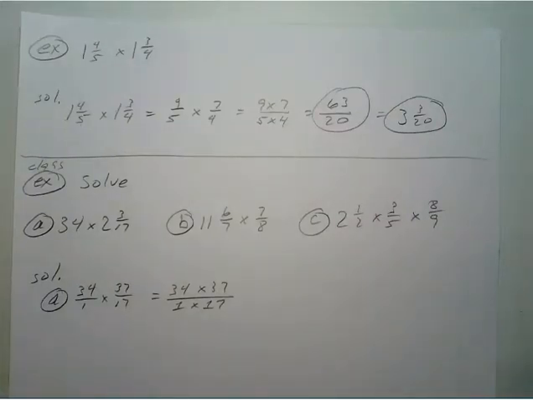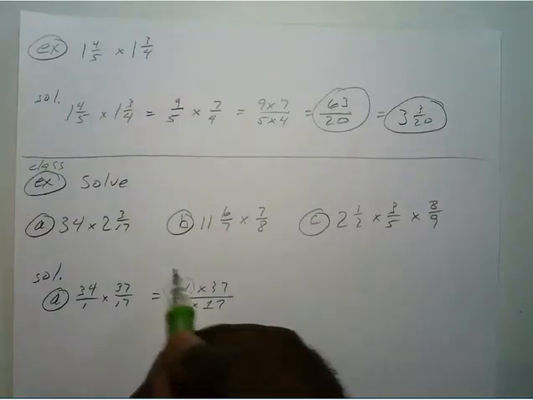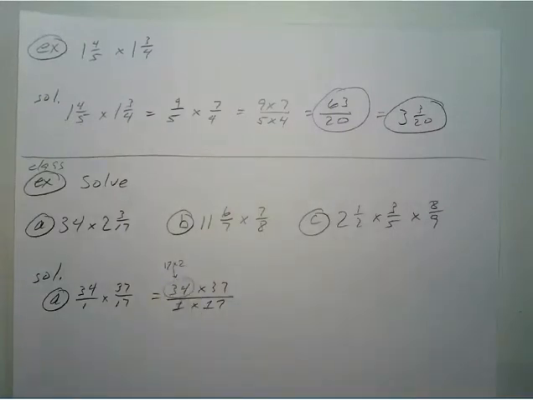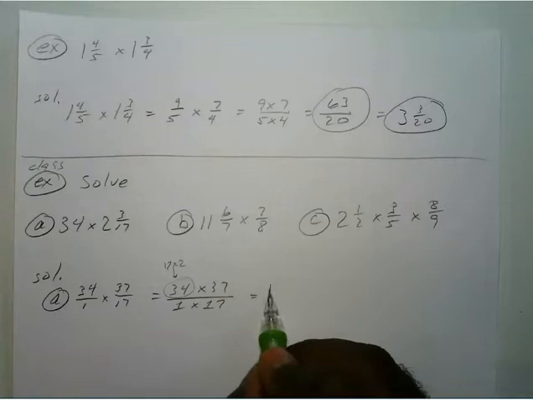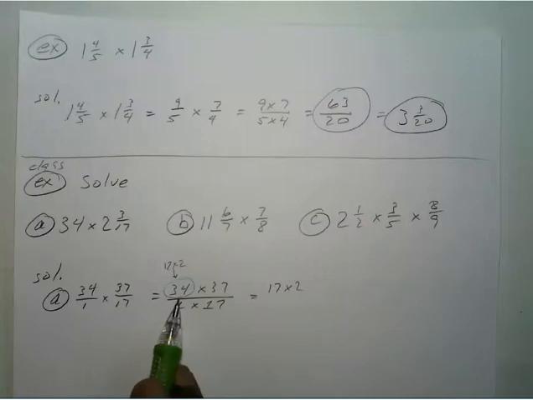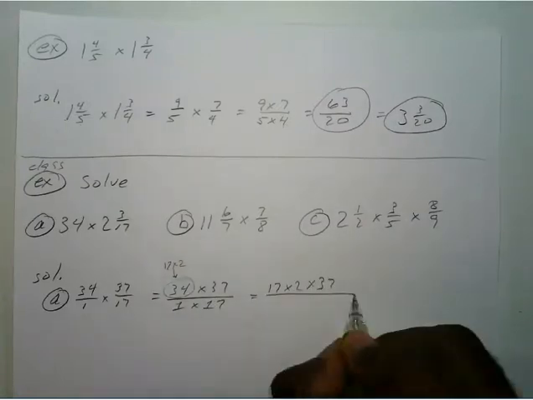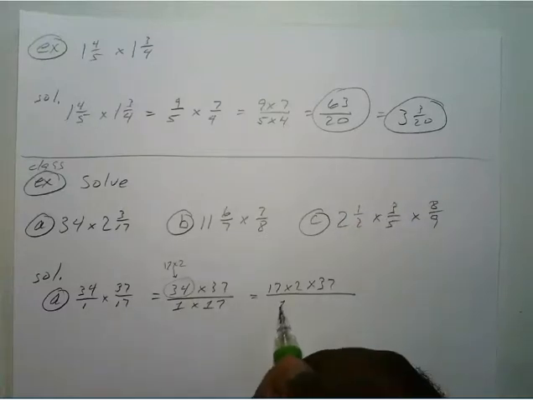Now that 34 times 37 could make this problem get really messy and long really fast. But you notice here that 34 is actually 17 times 2. So we can rewrite it as 17 times 2 times 37 over 1 times 17.